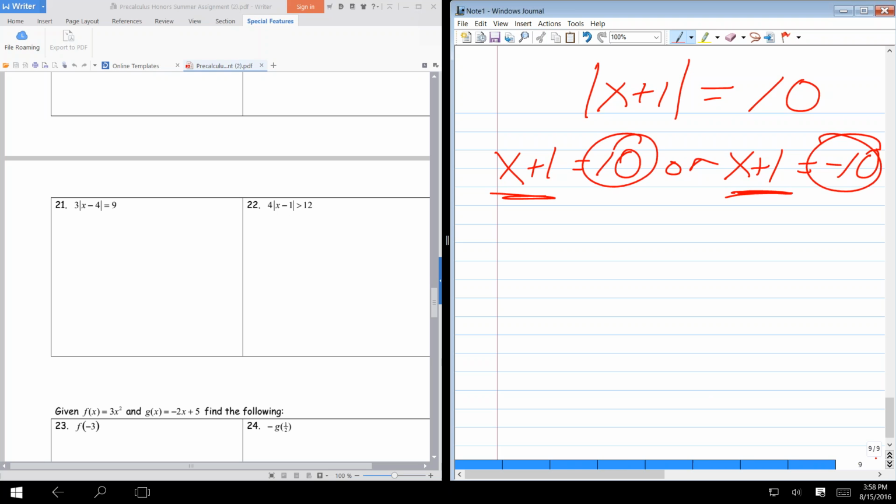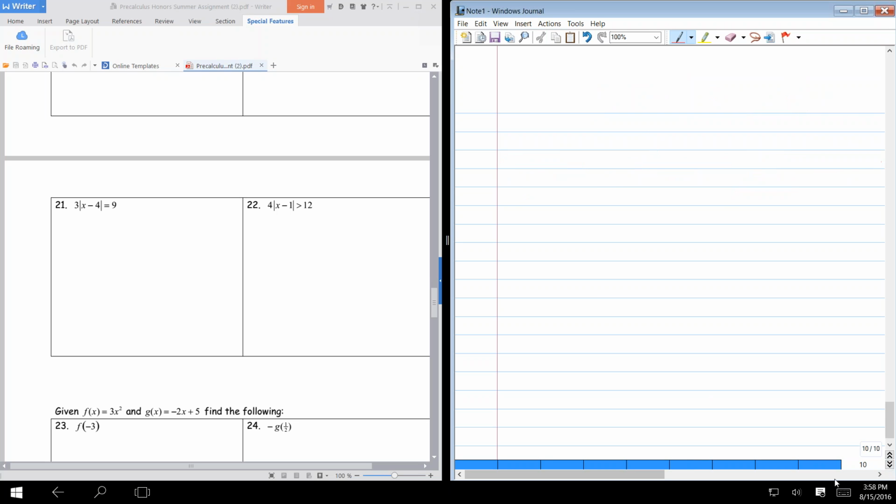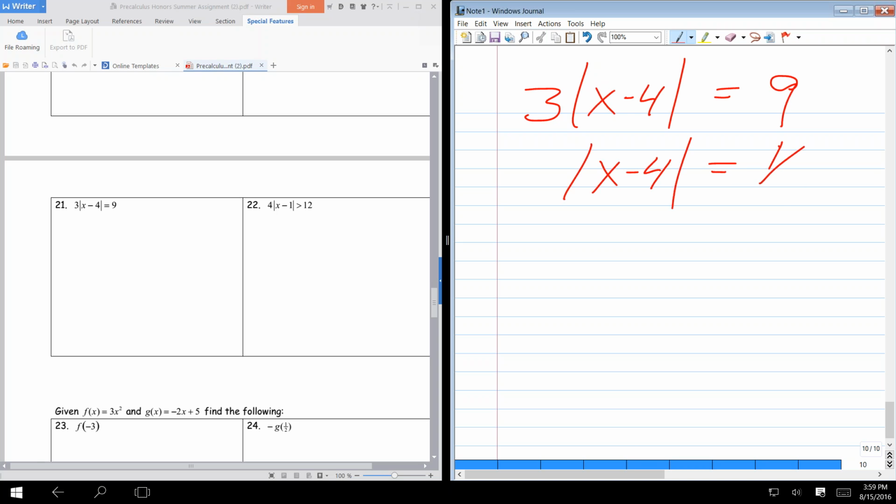Okay. So for this problem, what's the first step? I divided by 3. Yeah, we always want to try to isolate. We want to get it down to something that looks like this. Now, what are the two things I can write?